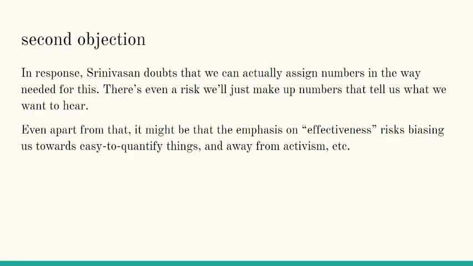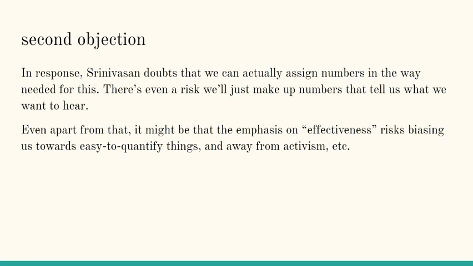And Srinivasan thinks, no, not really. I mean, maybe in principle, there are numbers that could be assigned to all this, but there's no actual way to assign the numbers, right? There's no real way to figure out what is the value of the unrecognizably different world, or the probability of achieving it.